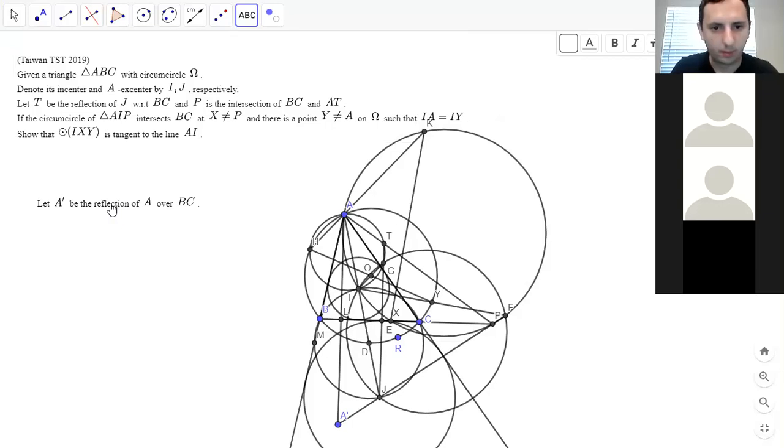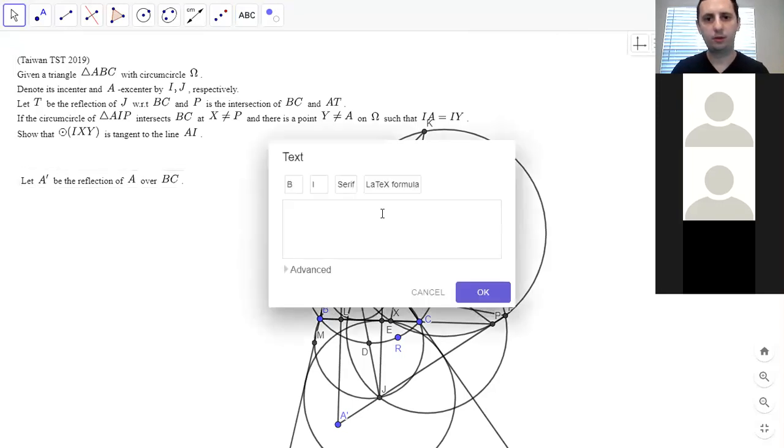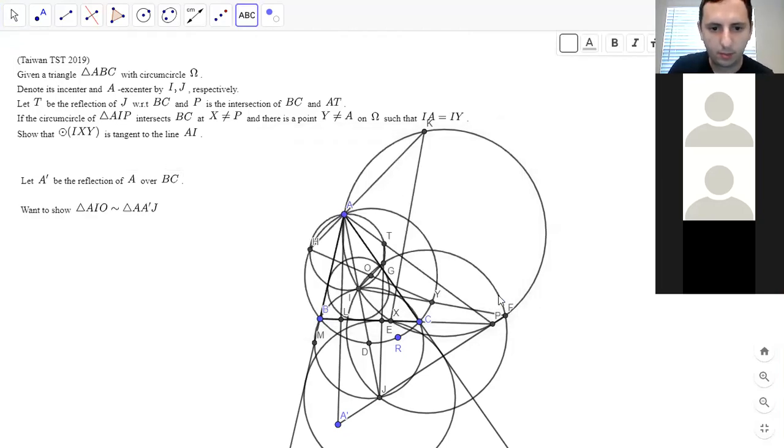And then we want to show that AIO is similar to AA prime J. So yeah, that's easy using inversion.